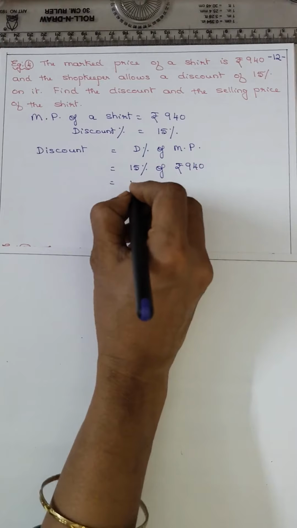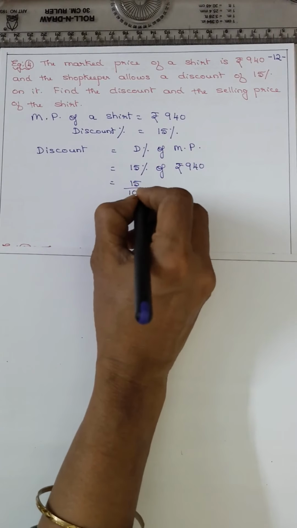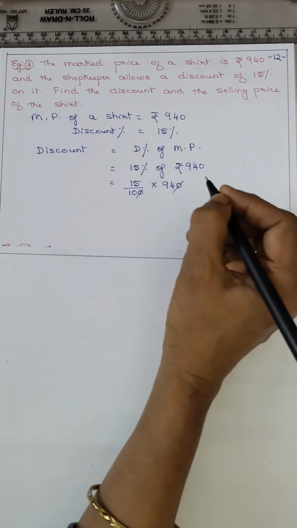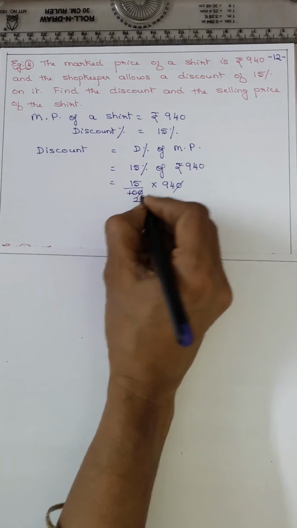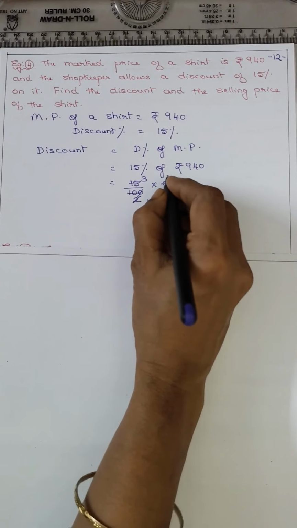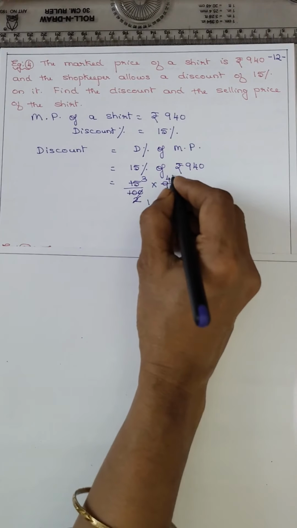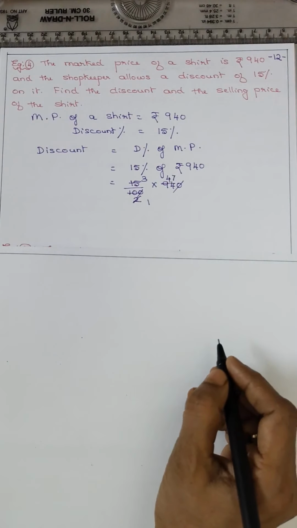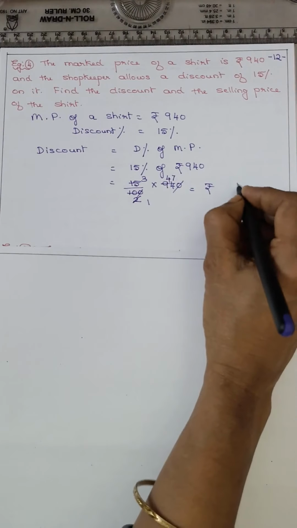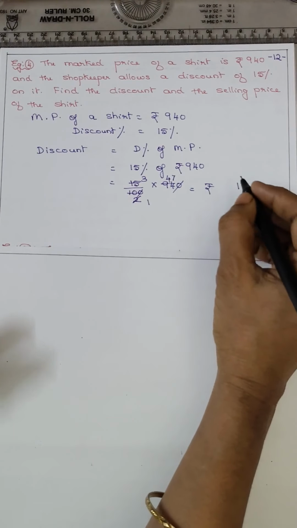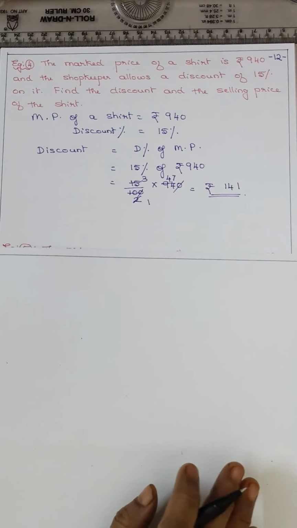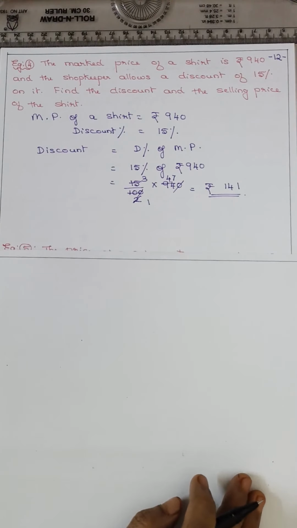That is 15 upon 100 into 940. 0, 0 cut. 5 2s are 10, 5 3s are 15, 2 1s are 2, 2 4s are 8, 1 remains, 2 7s are 14. Now 3 7s are 21, 3 4s are 12, 13, 14. So you got discount as rupees 141.